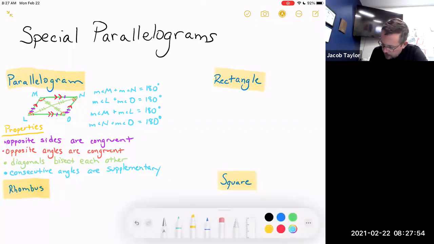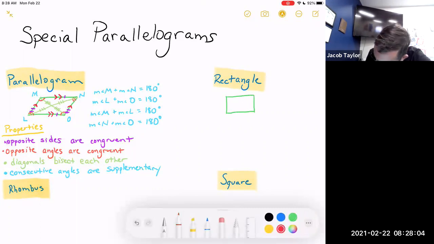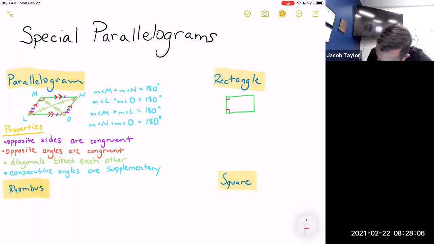So let's go ahead and draw a picture of our rectangle. And it must have four right angles.